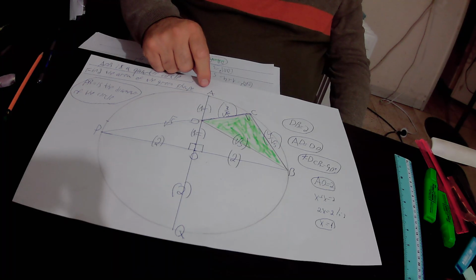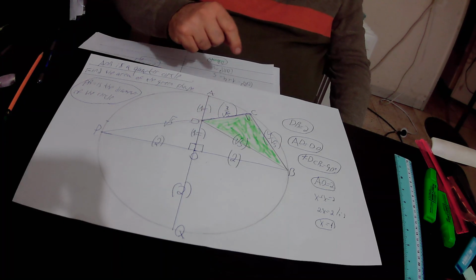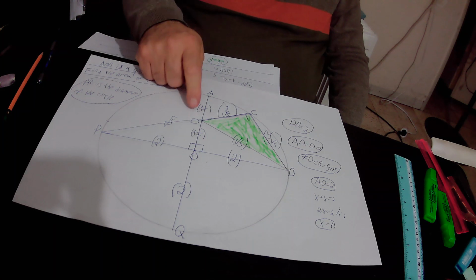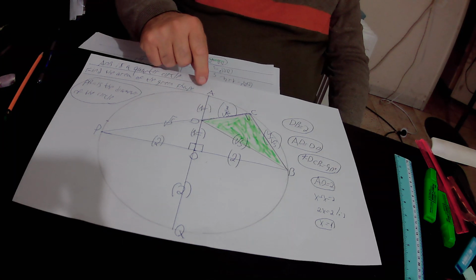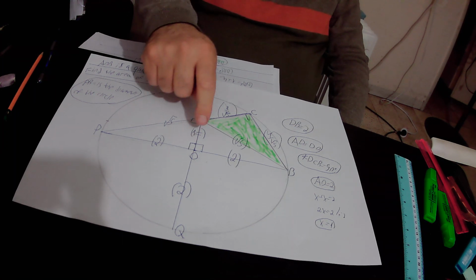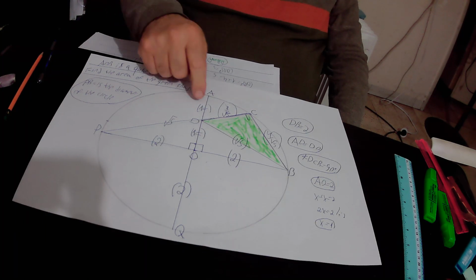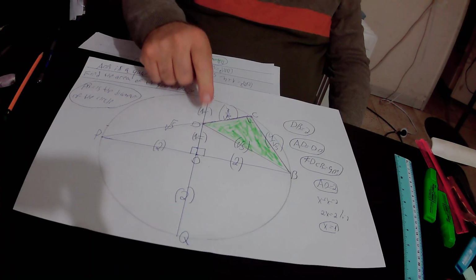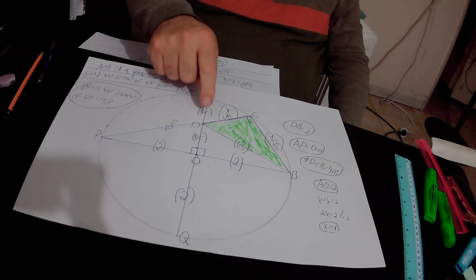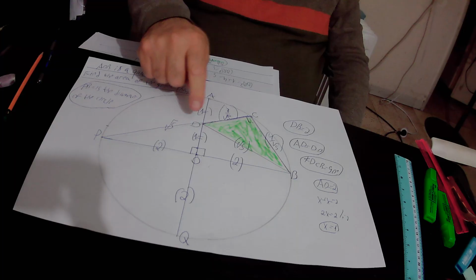It is given in the question that AD equals DO. If we define AD as x, then DO must also be equal to x because they are equal to each other. AD plus DO equals AO. AD is x, DO is x, therefore AD plus DO is x plus x.